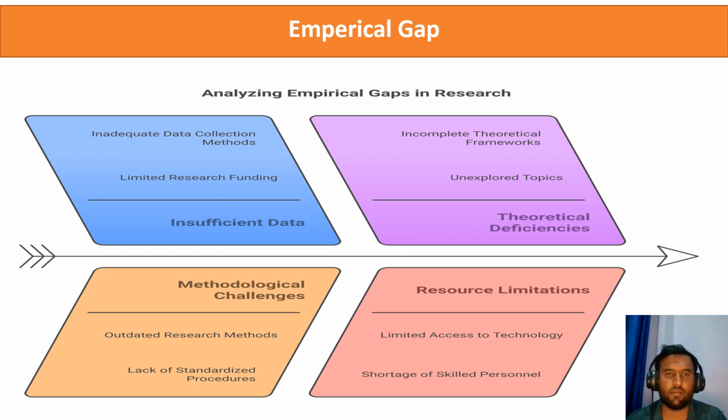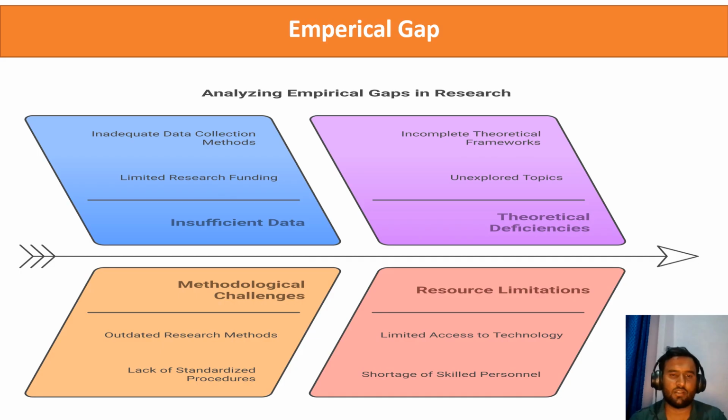Now next one is empirical gap in research. So what is empirical gap? Empirical gap means insufficient data. If the data is insufficient, then it will generate one kind of finding. If we have sufficient data, it will generate another kind of finding, and this is known as empirical gap or procedural gap.